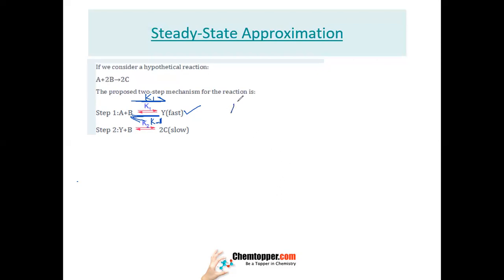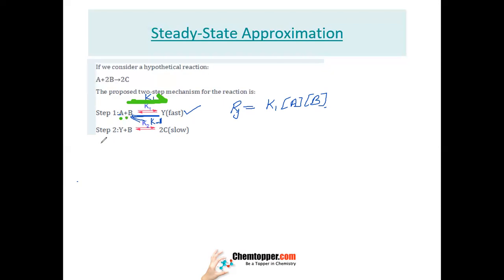Now the rate for the forward direction, A plus B giving you Y, is K1 times the concentration of the reactant. You're getting it, children? I'm talking about this one, the forward direction rate, in terms of these reactants.